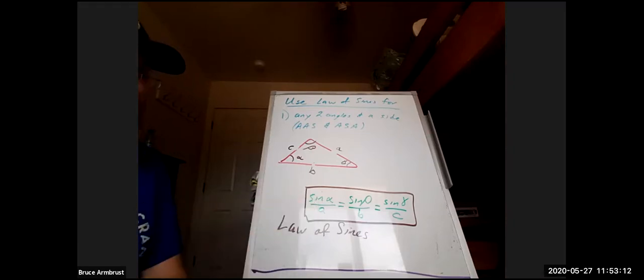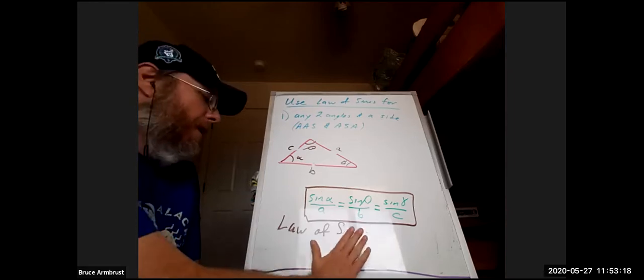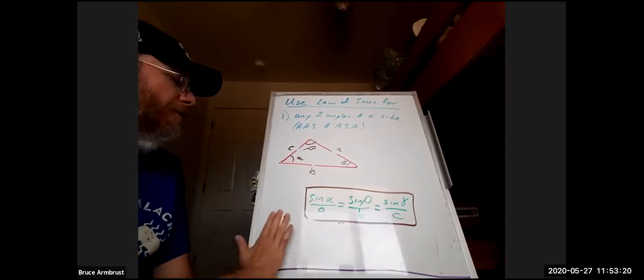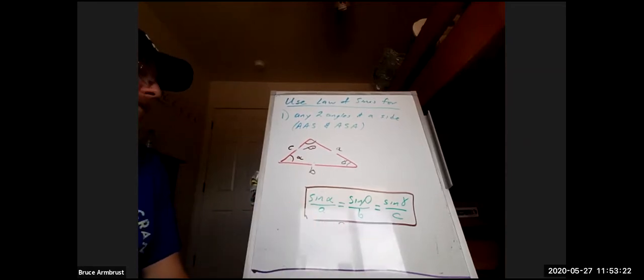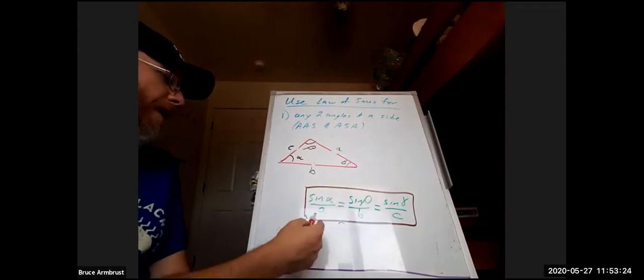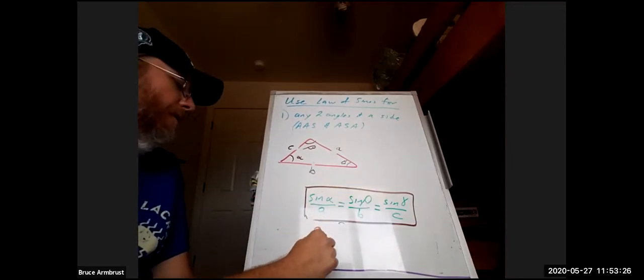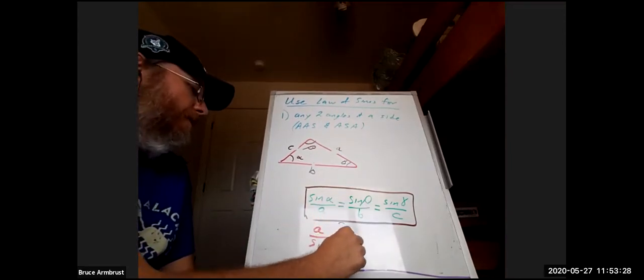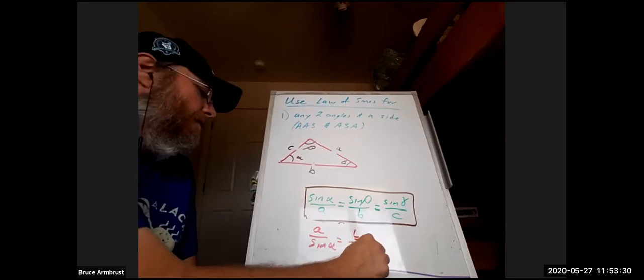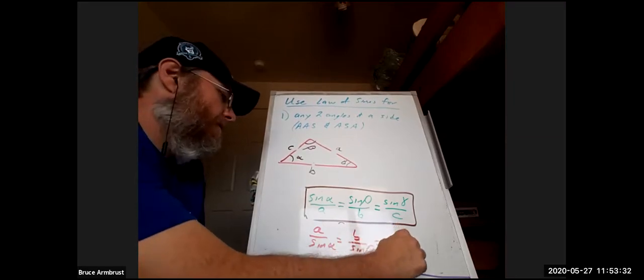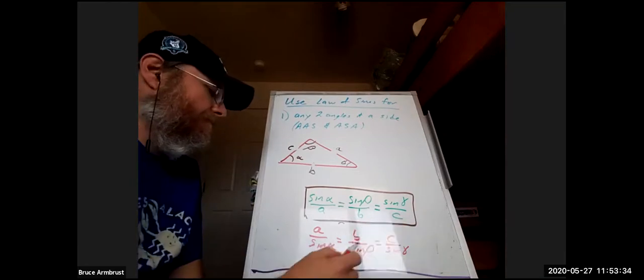I have it written with the angles on the top. There's no reason that that has to be that way. Instead, you can flip them all over, right? Because if ratios are the same, then their reciprocals are the same. So sometimes you'll see it written with the side lengths on top and the angles on the bottom.